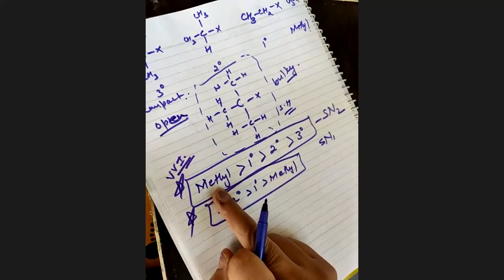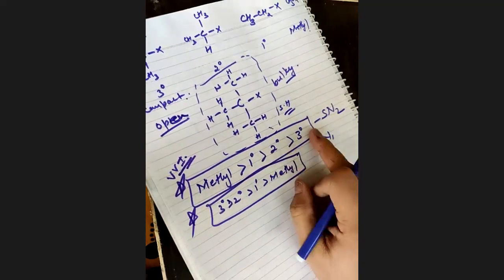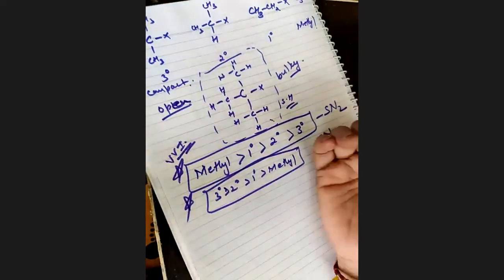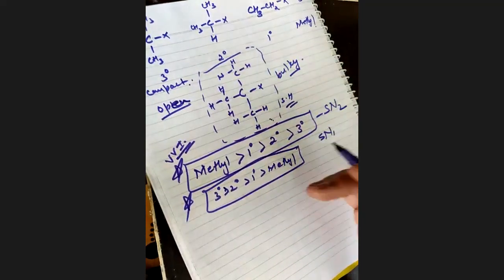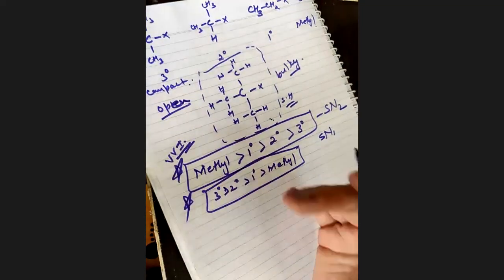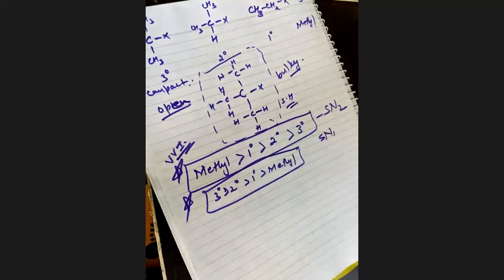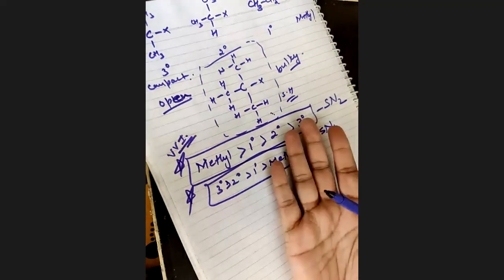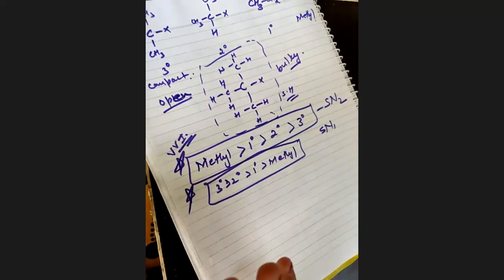Methyl group is more stable than primary, then secondary, and then tertiary. It actually totally depends on steric hindrance. If steric hindrance is more, it means it will show less SN2.